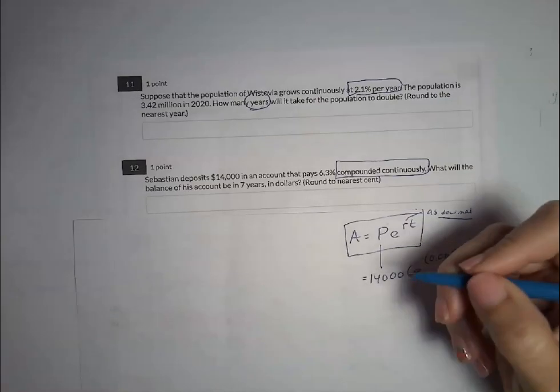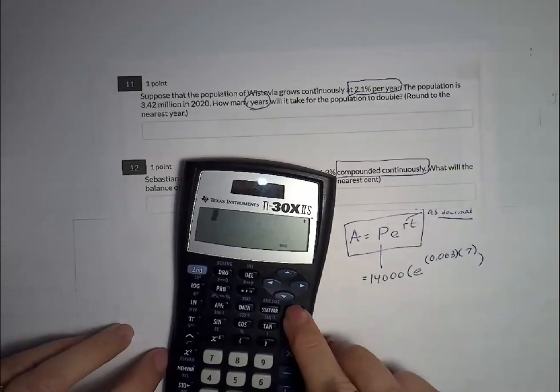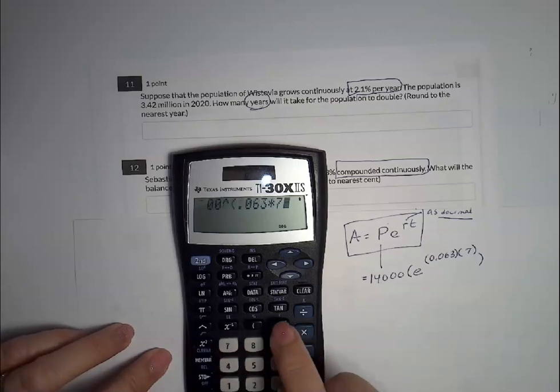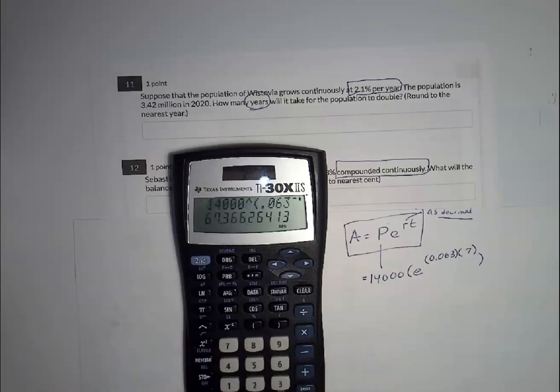Okay. So let's put that in our calculator. So 14,000 raised to the, notice I'm going to put parentheses, 0.063 times 7, and then I'm going to close my parentheses. This is where people will make the biggest mistake and they'll get it wrong. So show your work.